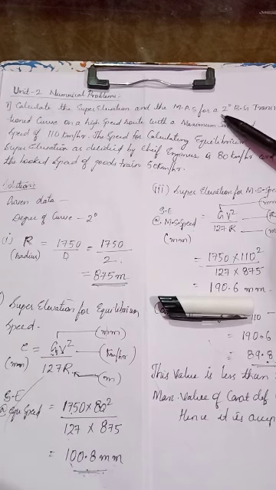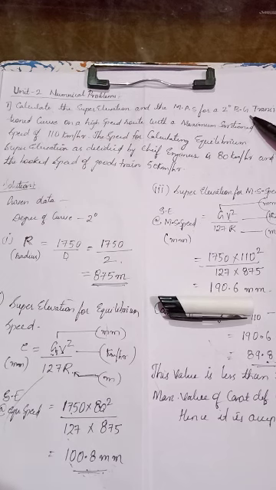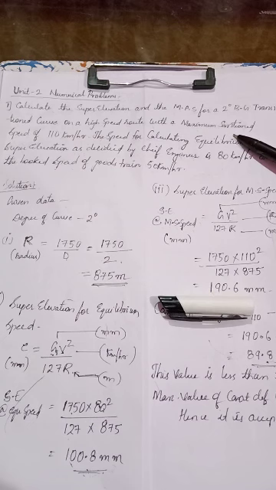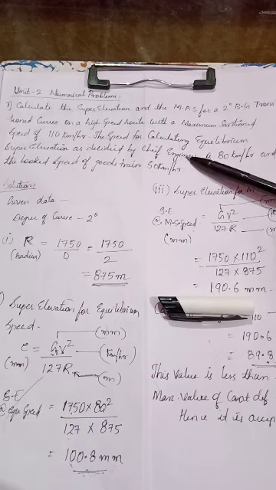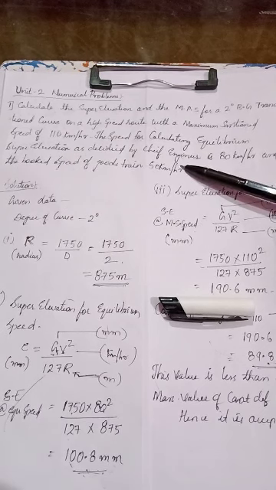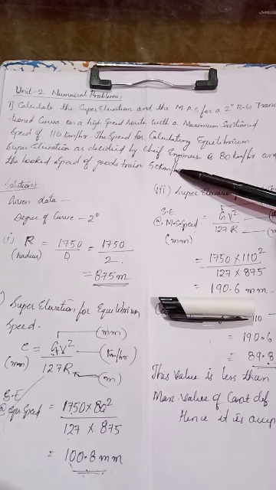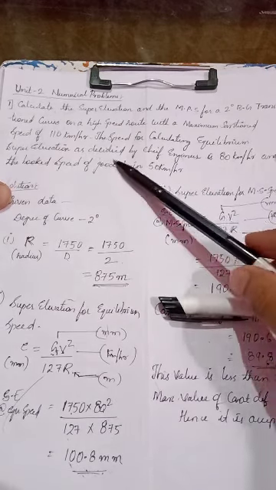If an evaluator wants to set a different question on the same topic, this degree can be changed. The 2 degree broad gauge transition curve can be converted to a 3 degree or 1 degree broad gauge transition curve. The chances of the rest of the question remaining the same are high.